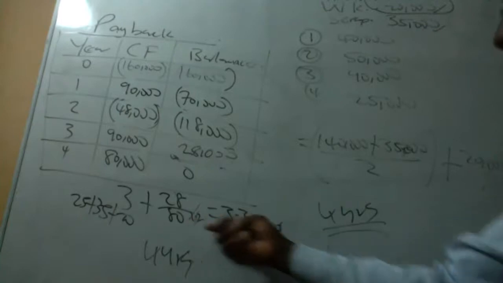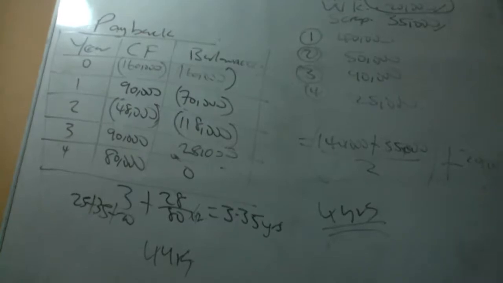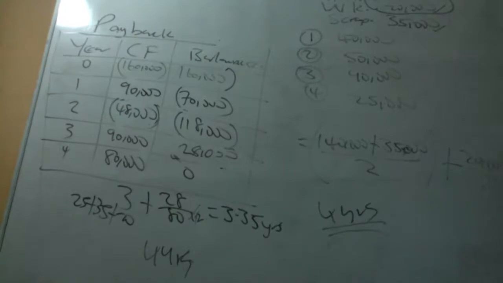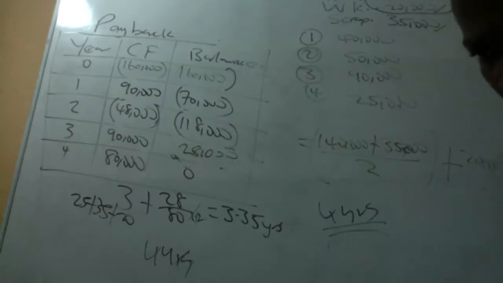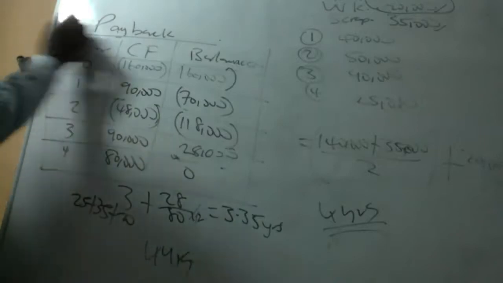So we are done. The payback will be 3.35. I'll massage the question and put it there again, and then when you try it, that will be your homework. Then let's do the accounting rate of return. That one, most of you had it correct, except a few. So that's the payback period.